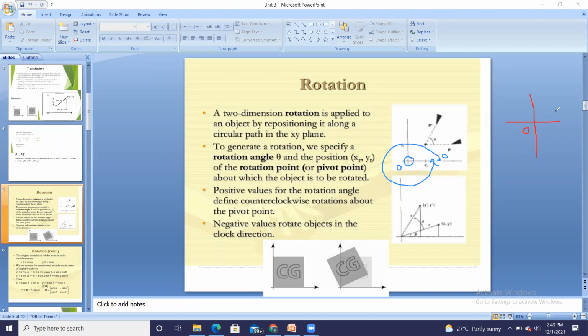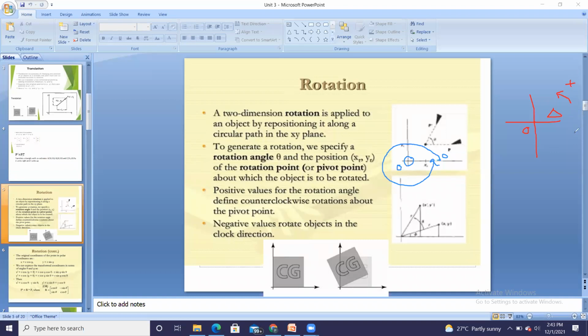In a similar way, the object in the XY plane, the 2D object, will rotate about the origin. Whenever it is rotating in this manner, it is called anti-clockwise movement and it is always considered positive.